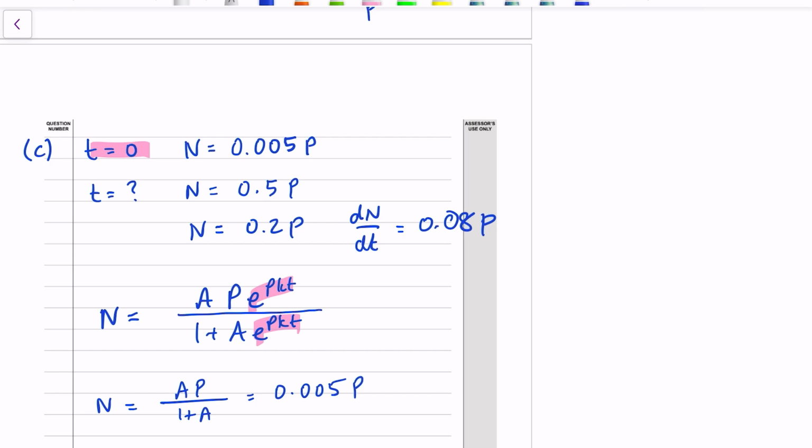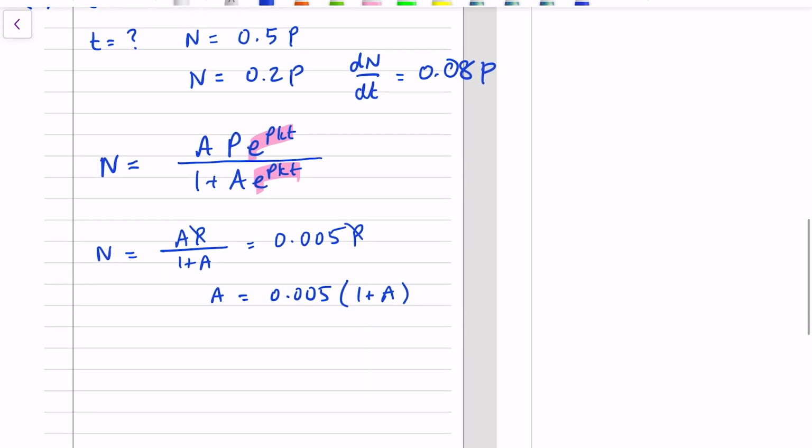We can cancel off the p's on both sides of that equation and solve for a. Okay, if we solve that for a, it comes out as 1 over 199.